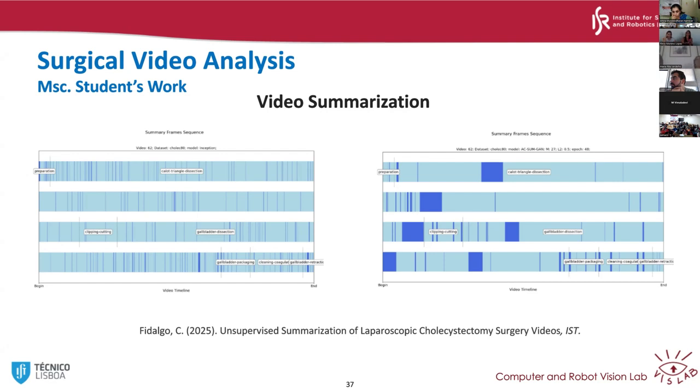On the right, methods based on generative adversarial neural networks and reinforcement learning, and she was trying to identify key frames in each stage of the surgery to then give to the physician to annotate and to validate. And as you can see, there is a lot of difference between just doing K-means and more advanced things.